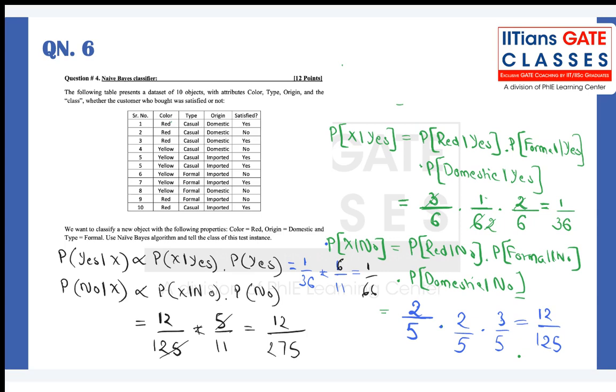So one probability is this, one other probability is this, and if you quickly do the math, 1 by 66 is 0.01 or 0.02, I can say. 0.02 versus 0.04. So this yes class is about 0.02, and the no class is about 0.04. So you can declare that he or she will not be satisfied.